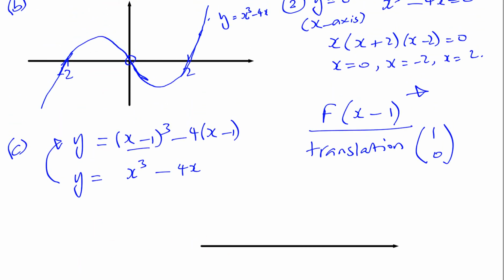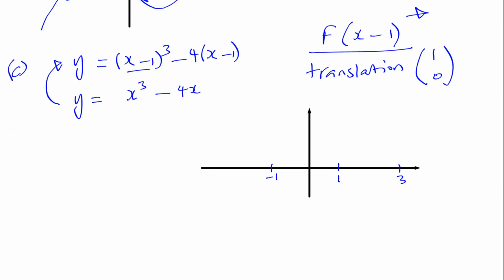So we'll have something like this. Instead of it going through minus 2, it will go through minus 1. Instead of it going through 0, it will go through 1. Instead of it going through 2, it will go through 3. That's all. So that's your y, that's your x-axis. Let's make this one a bit longer. Okay, there's your origin.